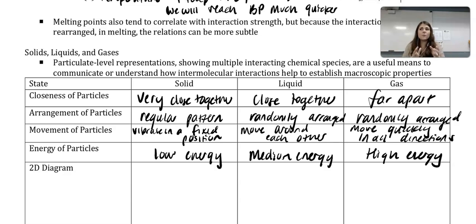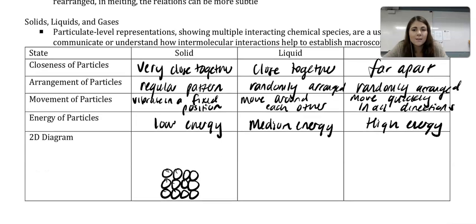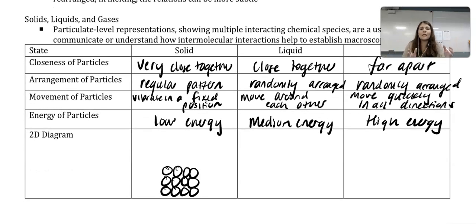When we have solids right next to each other and we're just trying to break up a solid to a liquid, that's going to require a lot less energy than trying to break liquids to gases, okay? Just to draw a 2D diagram of what this would look like on a particle scale, the solids are right next to each other. They're a regular pattern. You'll see I drew them at the very bottom of that box.